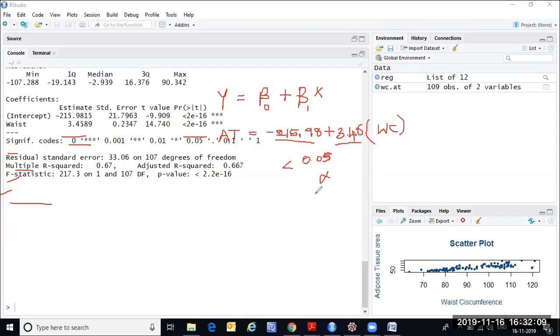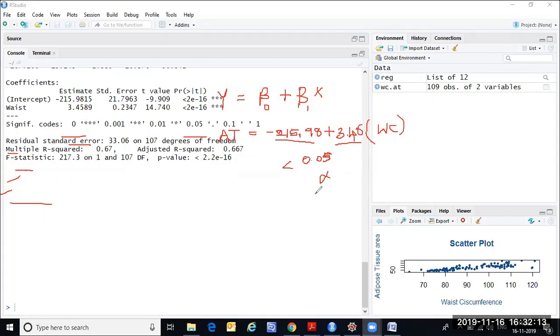And alpha is 0.05. What is the confidence level at which you are predicting? 95%, right? And alpha is 0.05, 1 minus alpha is 0.95.